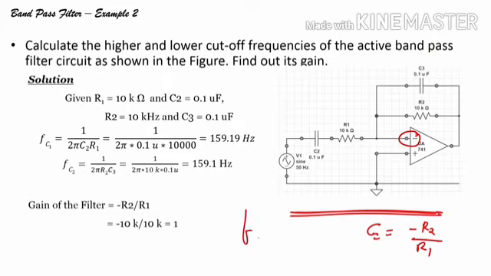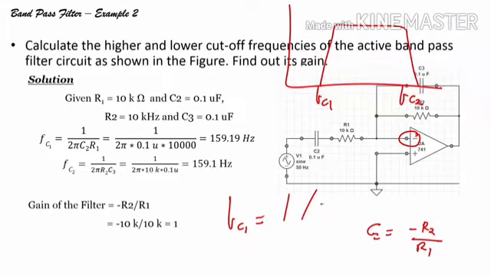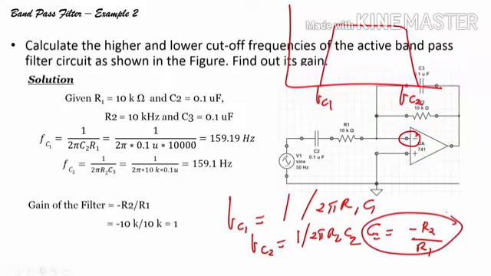Frequency we know F equals, let us say we write FC1 and FC2, because we have a band pass. So, FC1 equals 1 by 2 pi R1 C1, FC2 equals 1 by 2 pi R2 C2, correct. And gain we know this formula, right.